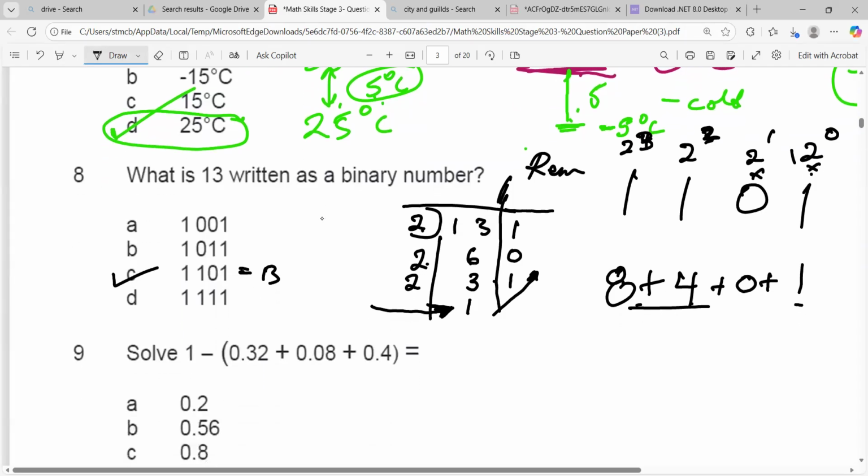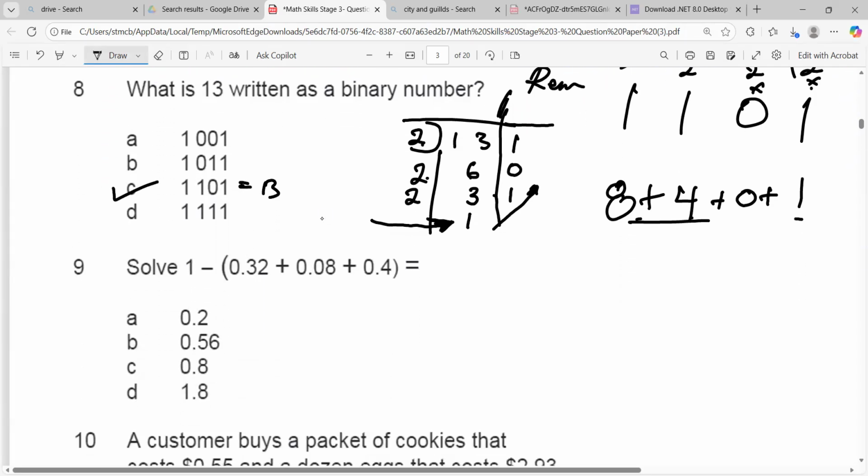Alright, let's look at number 9. Solve 1 minus 0.32 plus 0.08 plus 0.4. What's the answer for that? We could even add them here first, right? The rule for decimals, when we're adding and subtracting, is that the decimal point must be placed under the decimal point.